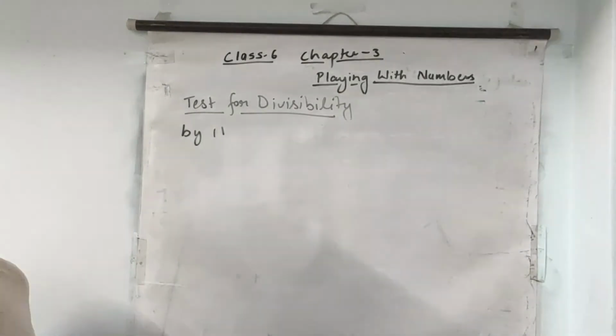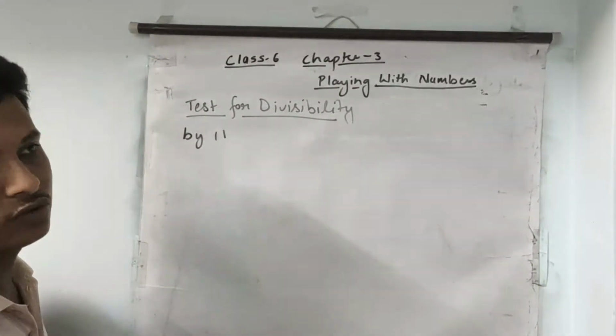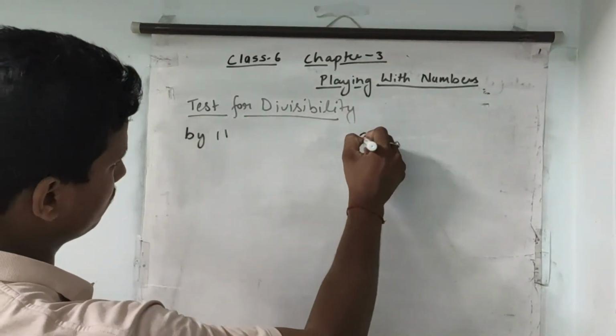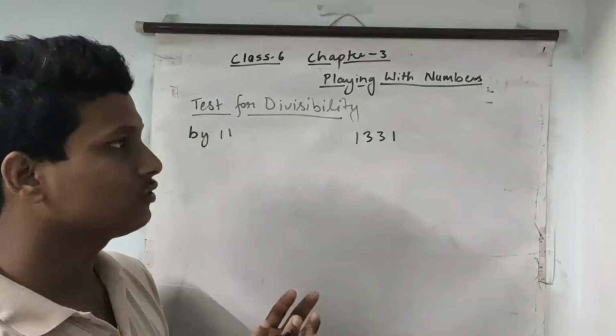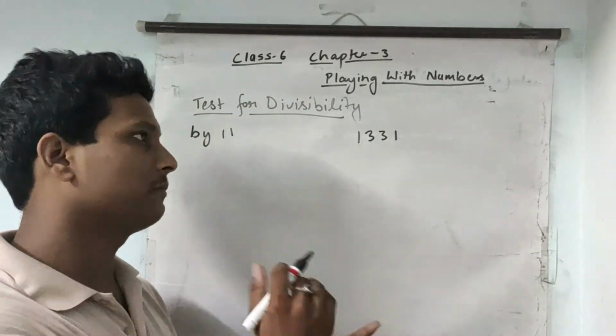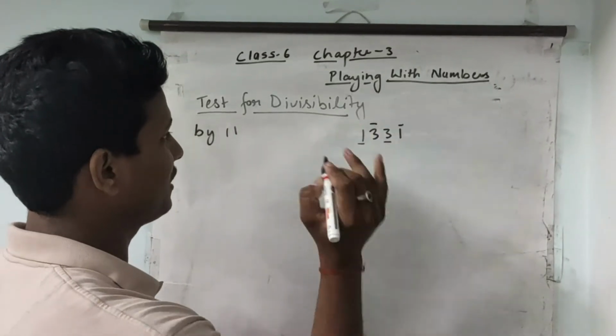For checking the divisibility by 11, suppose we have taken this value. We need to sum the odd place digits and the even place digits. This is the odd place value, and these two are the even place digits.